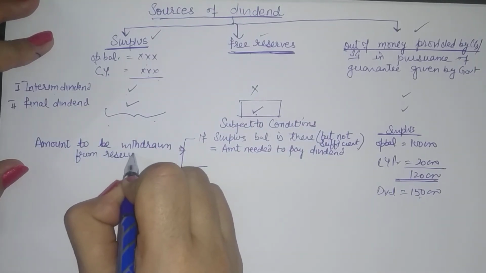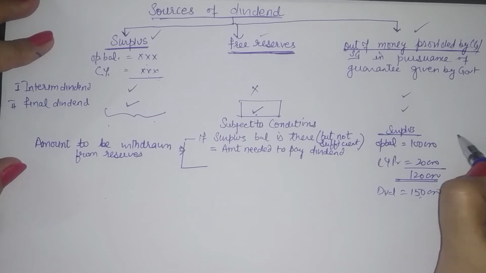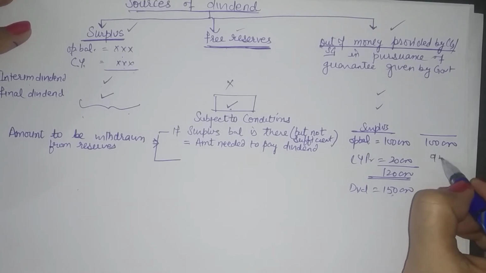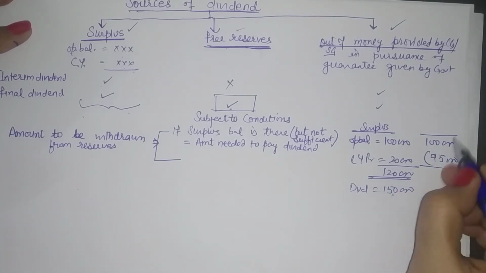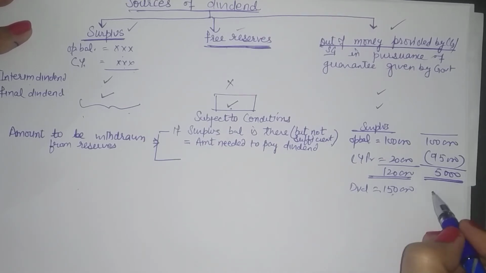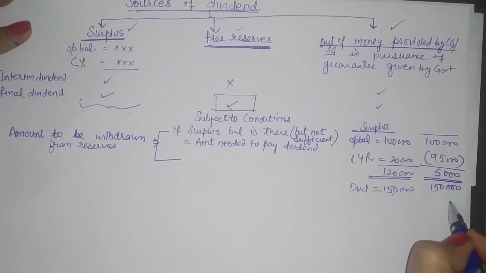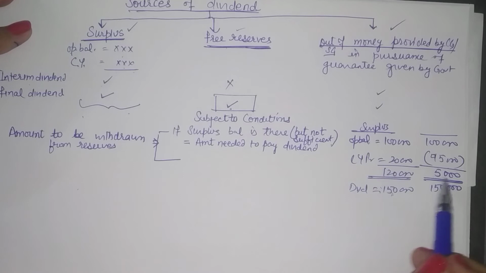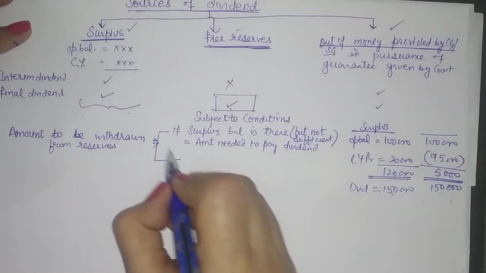Right? Another case can be that you have surplus opening balance of 1 lakh, same, but during the year you got a loss of say 95,000. So you still have a balance of 5,000, but it is not sufficient to pay dividend of 1,50,000. So in this case, you will be withdrawing 1,45,000 out of free reserve, the deficiency which is needed here.